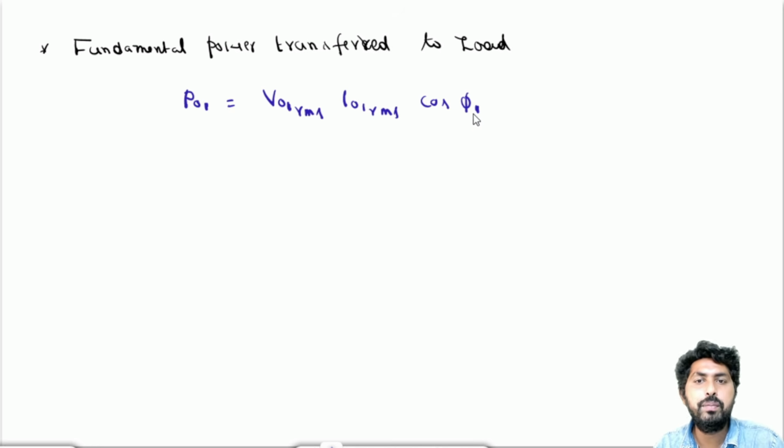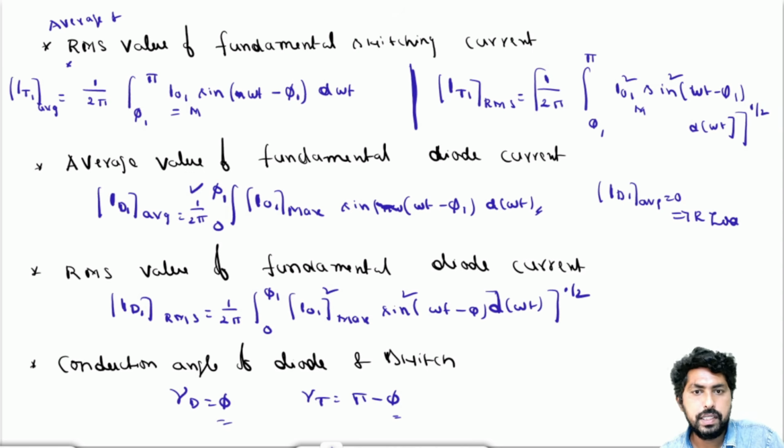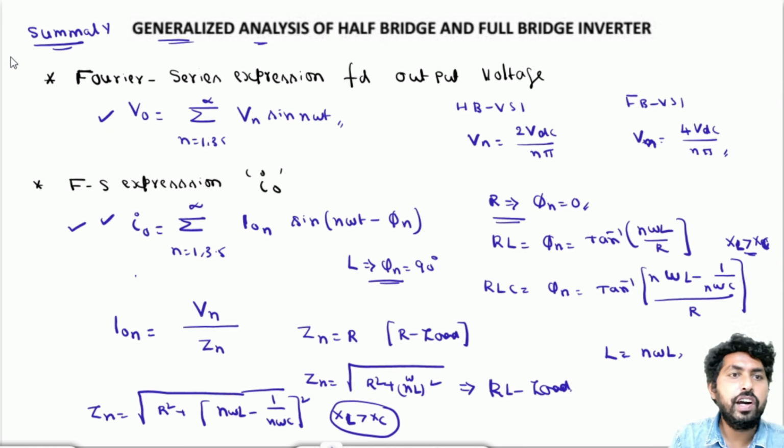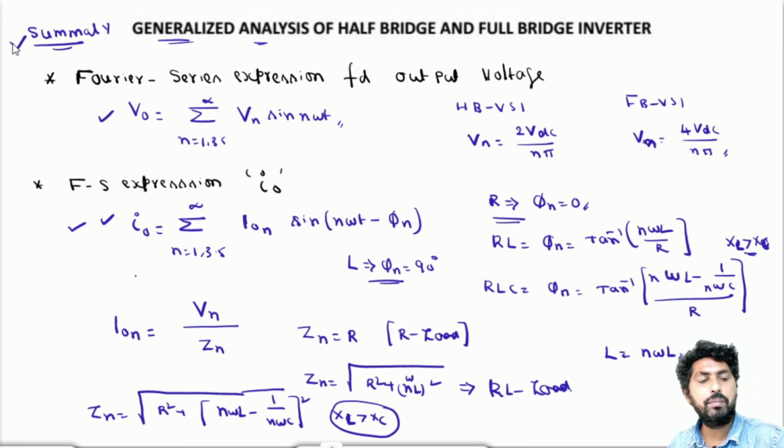This phi 1 will be 0 for the resistive load, and phi 1 will be pi by 2 in case of the pure inductive load. So we have calculated the phi 1 also, and we should calculate it from here. If you have this summary in mind, it is sufficient to solve almost all problems in the full bridge and half bridge inverter.